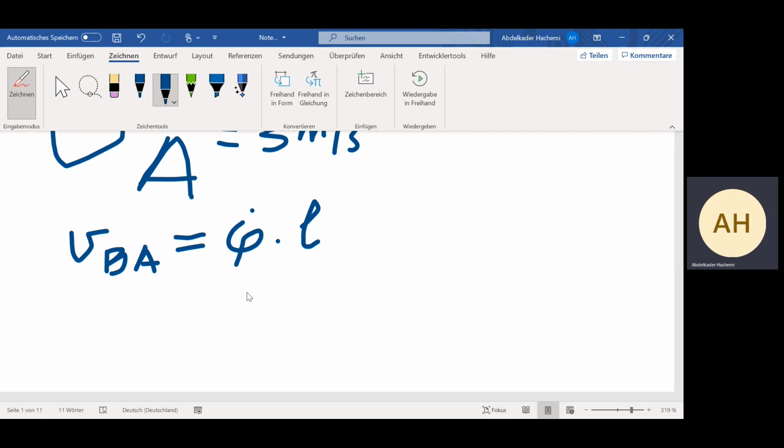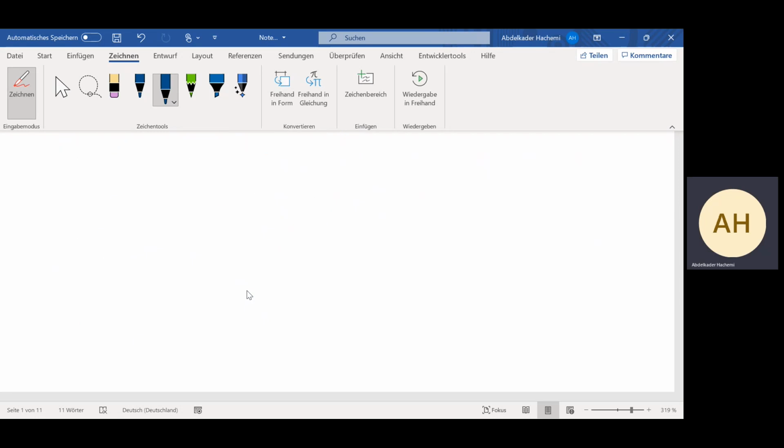Then we can say also that here we have VB. In our case, what we have here, we can measure it.